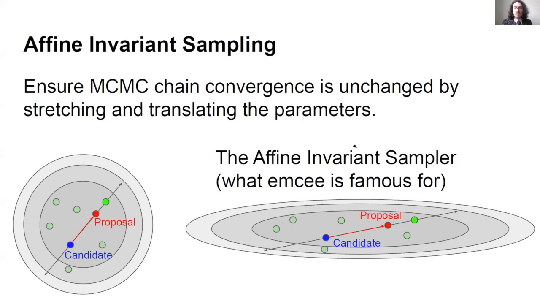You'll notice that if I stretch the space linearly, the line stretches exactly the same way, so my proposal distribution changes accordingly. The property this ensures is that the Markov chain Monte Carlo scheme is unchanged if I stretch or translate my parameter space linearly. If I'm performing a nonlinear transformation to the parameters, though, then that will make a difference.